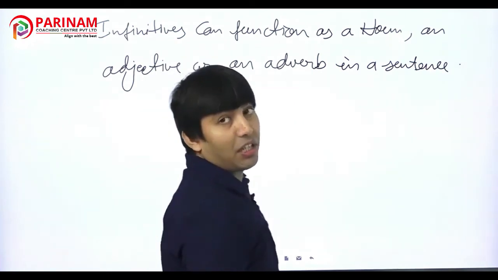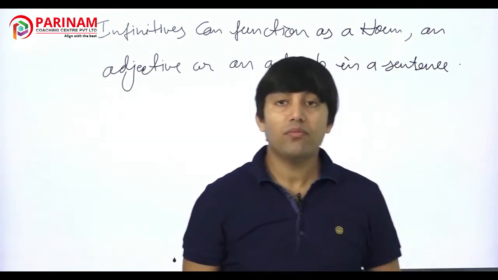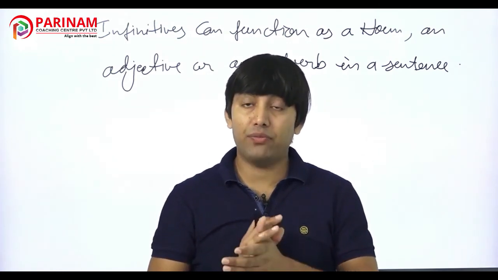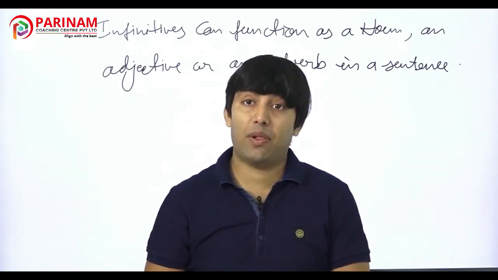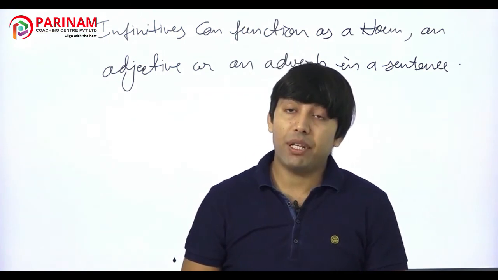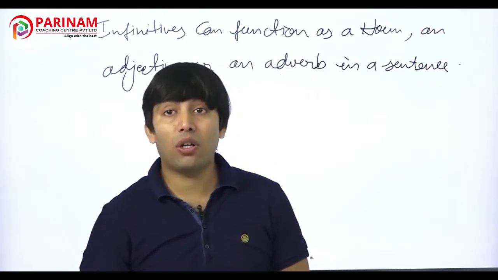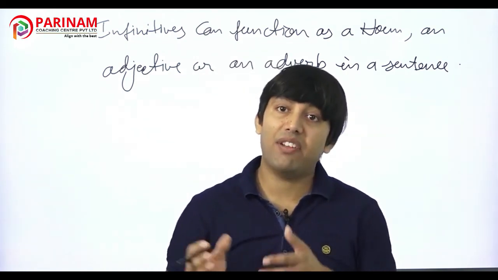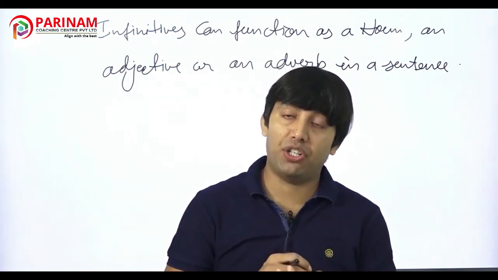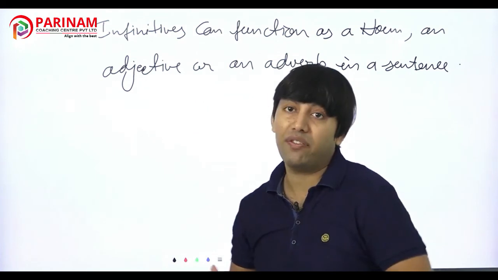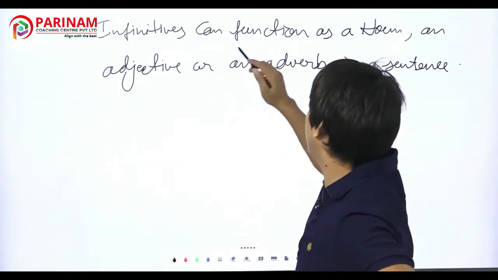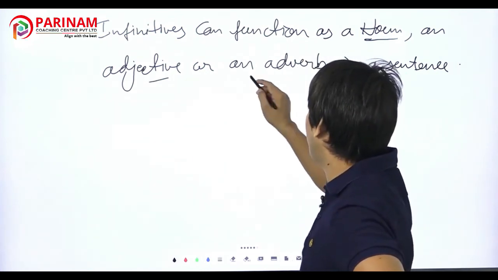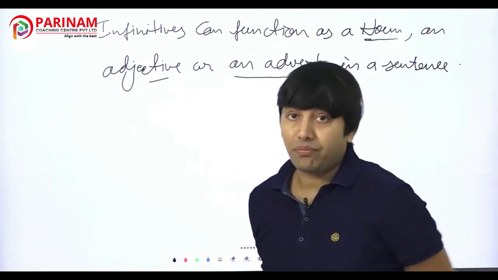Alright, that means they are not always in the same part of speech. They can be in different parts of speech in the sentence, as you can see from this definition. Sometimes they become nouns, sometimes they become adjectives, and sometimes they become adverbs.